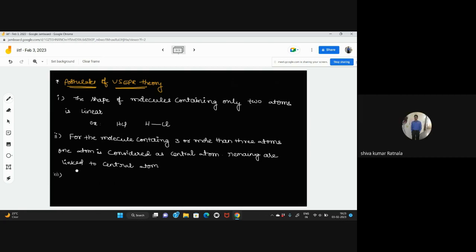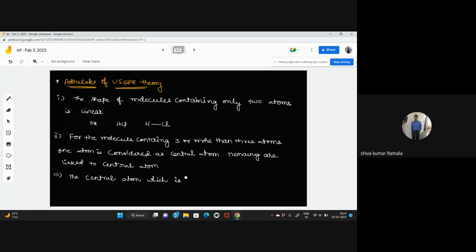Now the central atom is linked to different atoms. Sir, when three atoms are there, are they linear or cross linked?